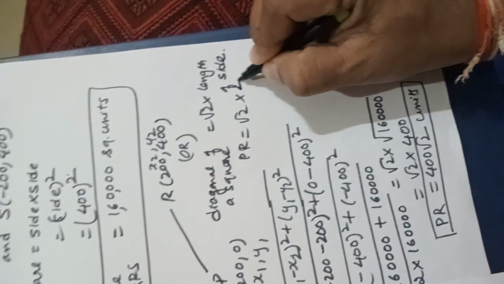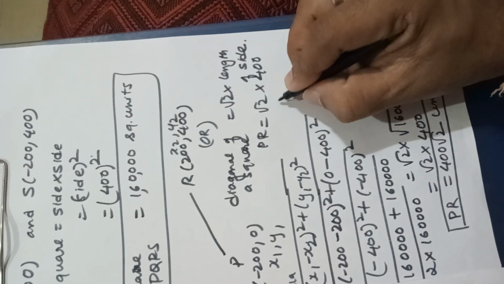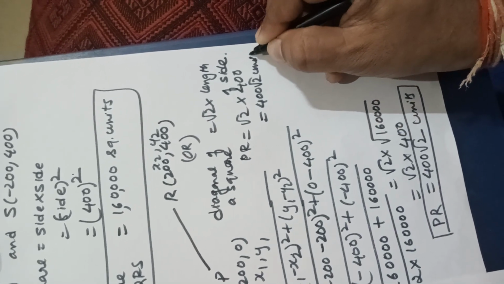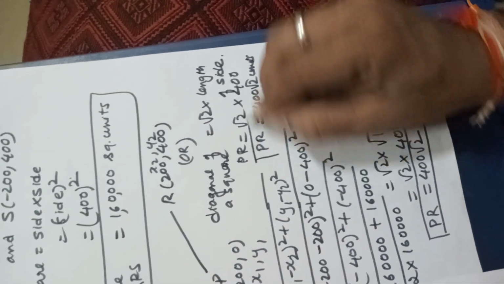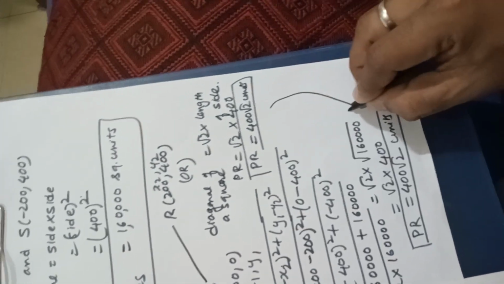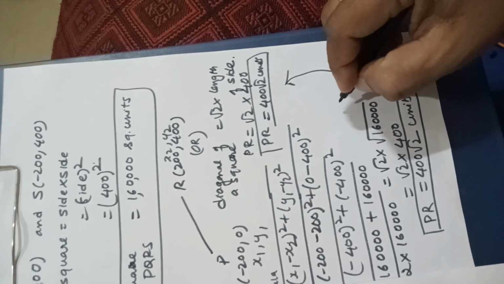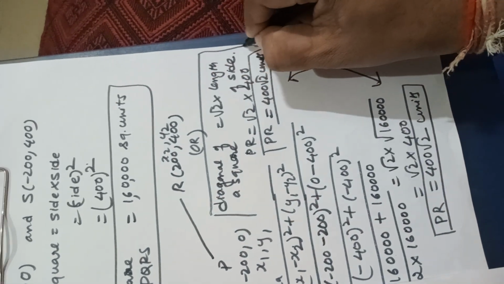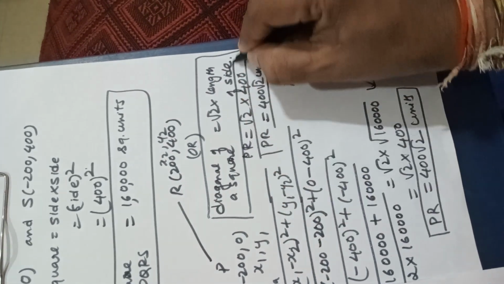So I'll write 400 here. Root 2 into 400 can be written as 400 root 2. So 400 root 2 units. So you can see these two answers are same. So this is much easier. You can just remember this: diagonal of a square is equal to root 2 into length of side of square.